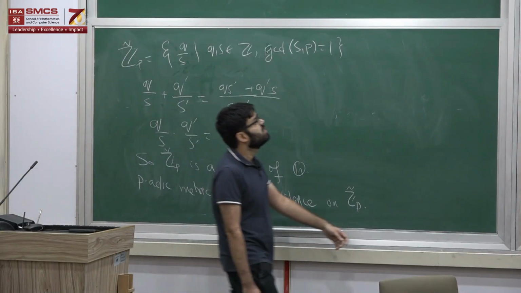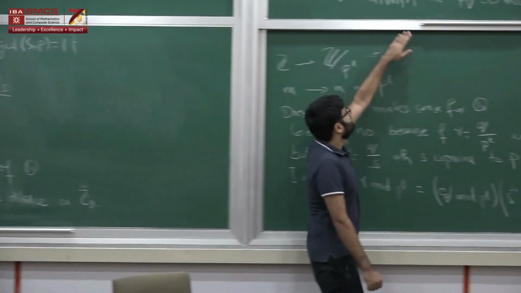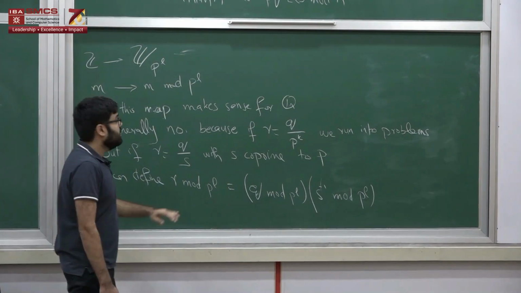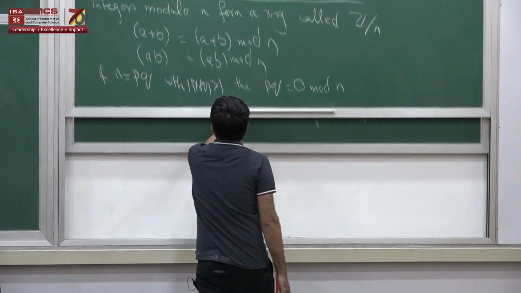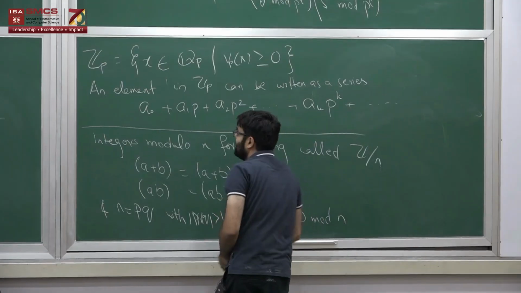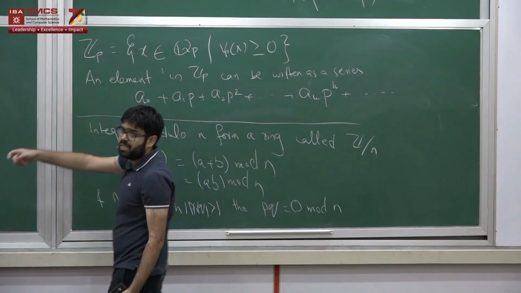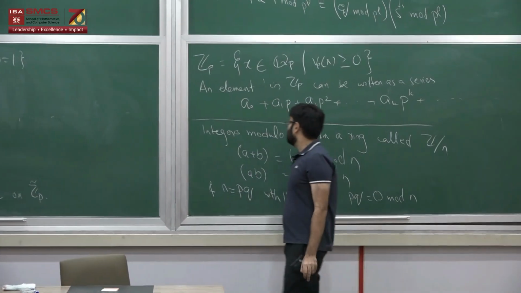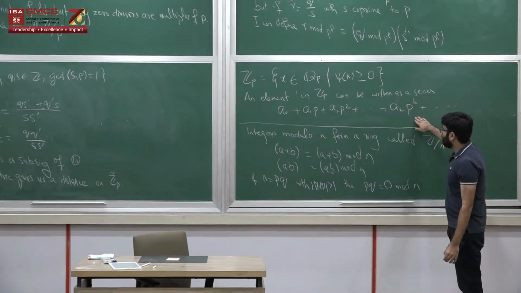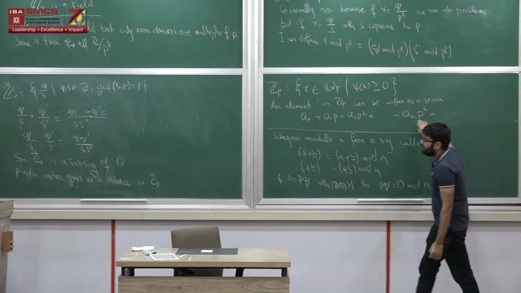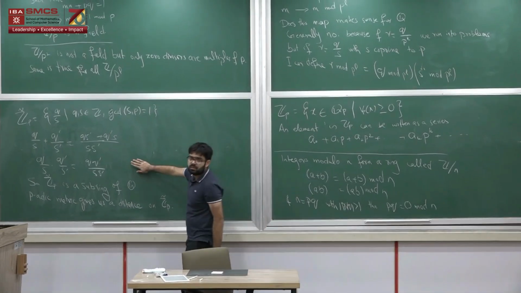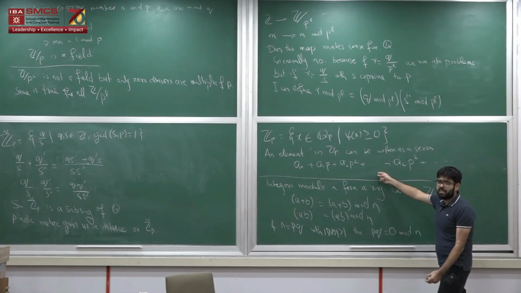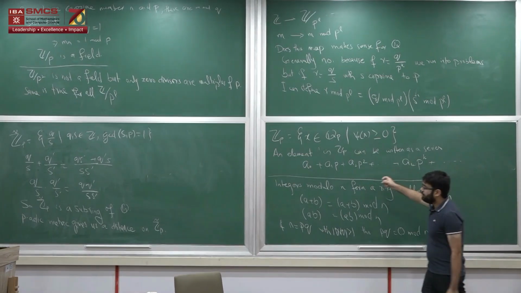And this set, this Z_p, is exactly the metric completion of this guy, right? So if I stop after a finite number of terms, I will get something here, or if there is some kind of periodicity in the coefficients, I will get something here.